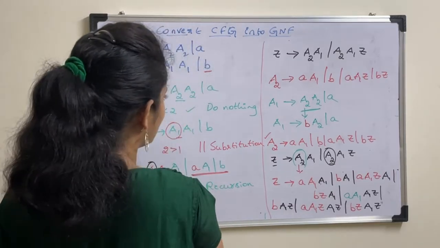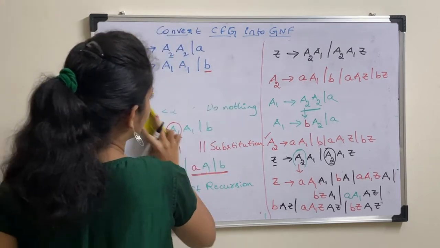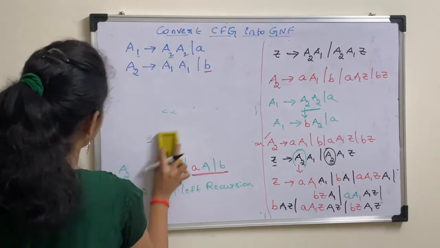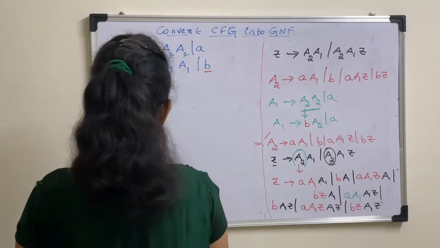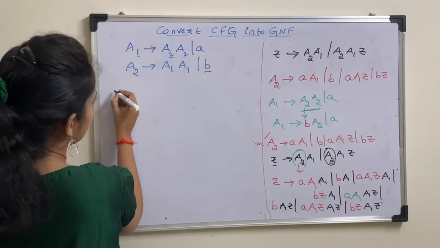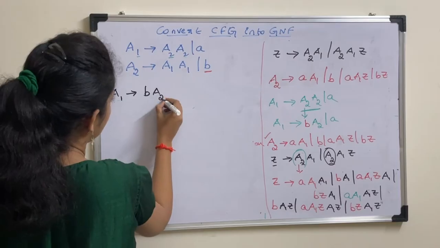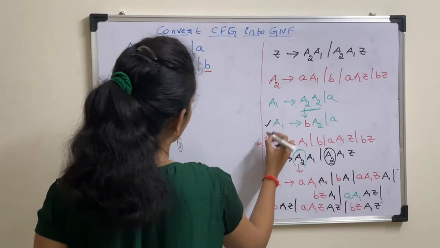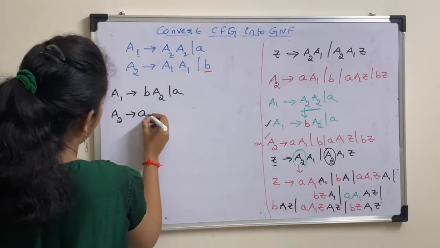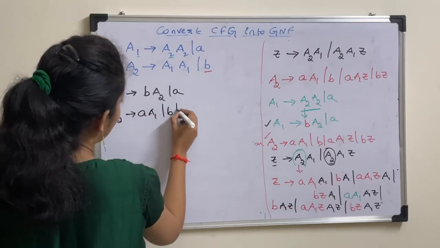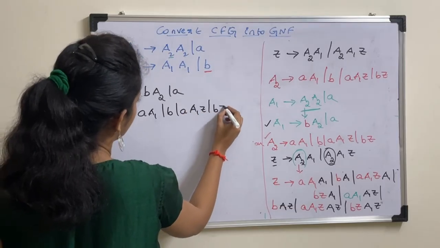So let us write them clearly somewhere so that it will be more clear. So I am writing it here. What is A1? A1 derives B A2 or small a. Next, A2 derives A1, B, A1, A1Z, BZ.